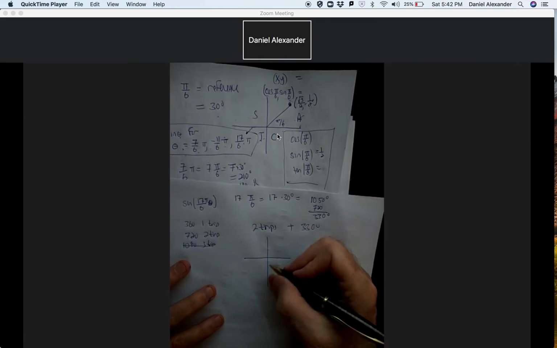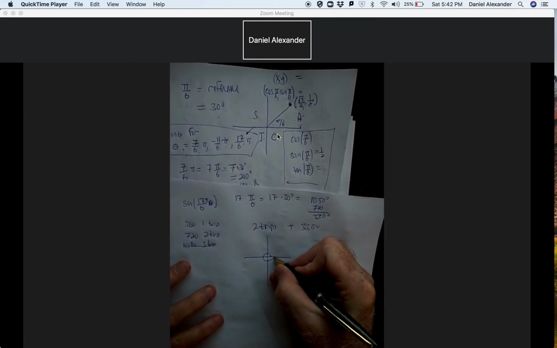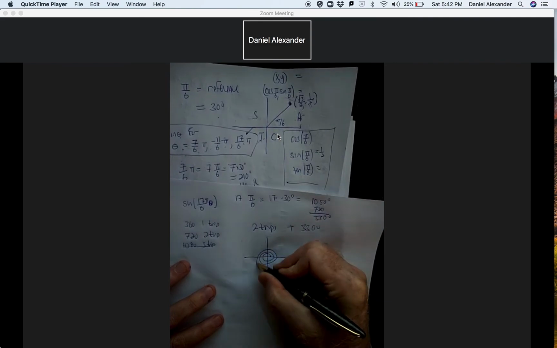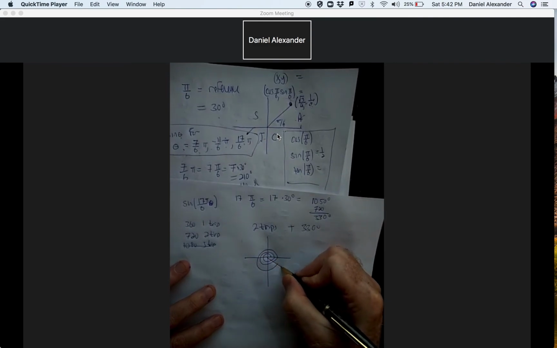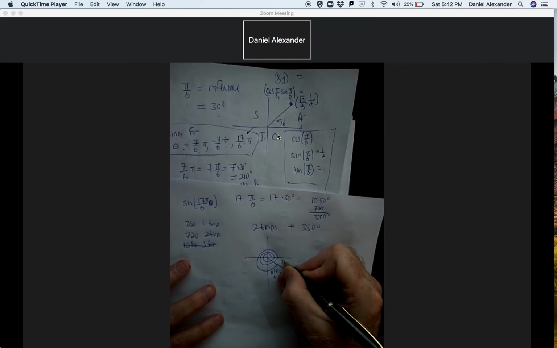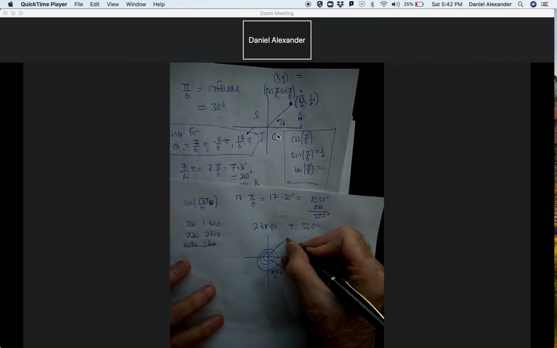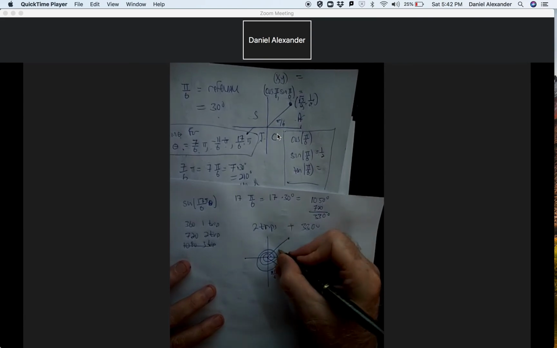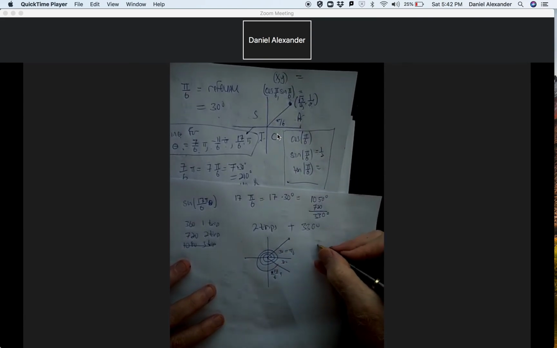So here we go, 2 trips, 1, 2, and another 330. So we're all over to here. So this is 17/6 pi. What's left here is 30 degrees. Here's the original angle, pi over 6. This is just going to be another reflection.